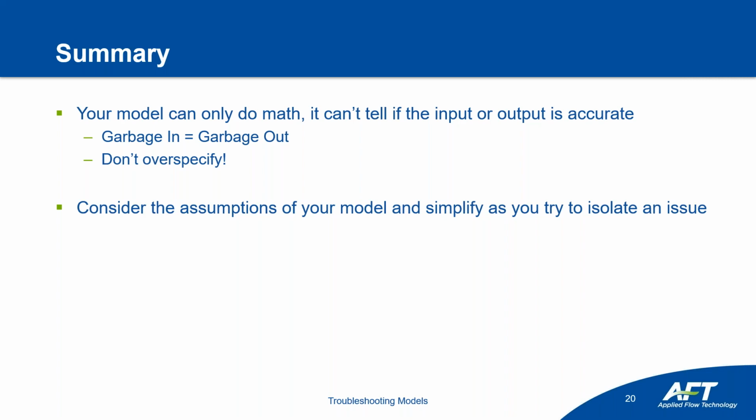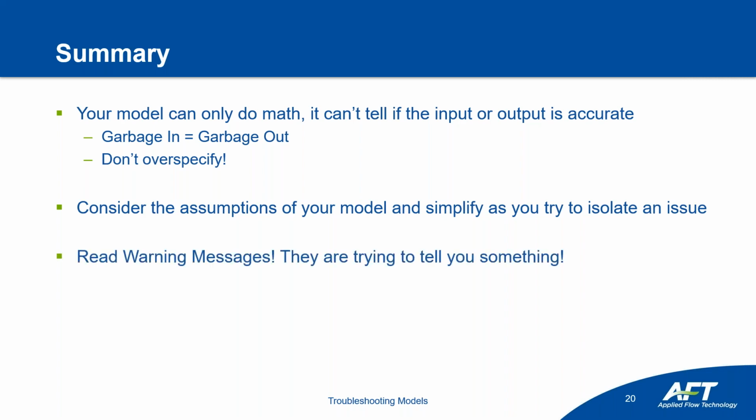Again, you can simplify things like fluid or heat transfer, or how pumps and resistance curves are defined. From output, if you get nothing else, be sure to read those warning messages. They're trying to tell you something. And if you ever have a question, always consult the help documentation, or you can reach out to our staff of support engineers and they can help you figure out the issue and help you troubleshoot as well.